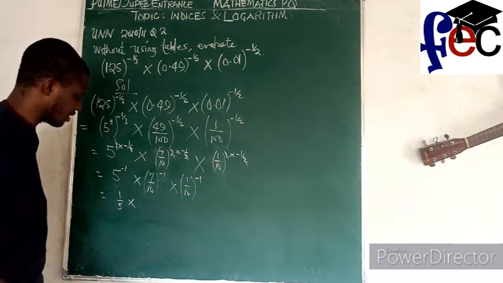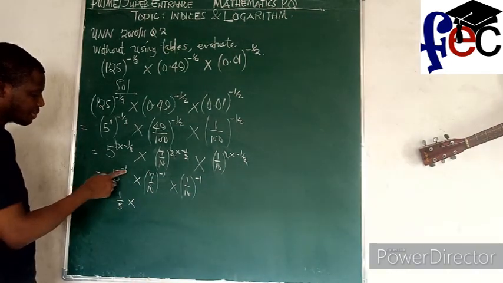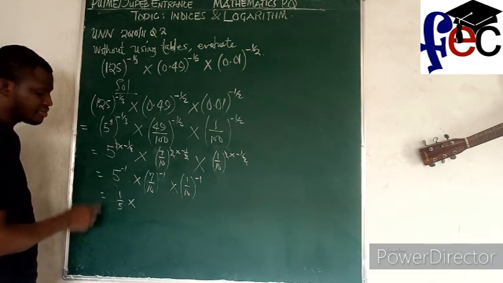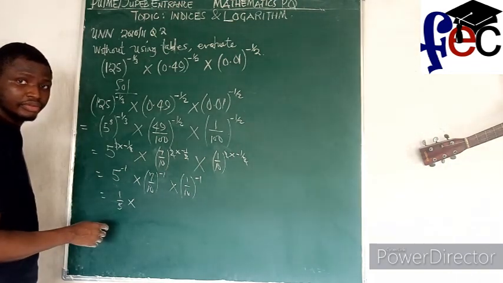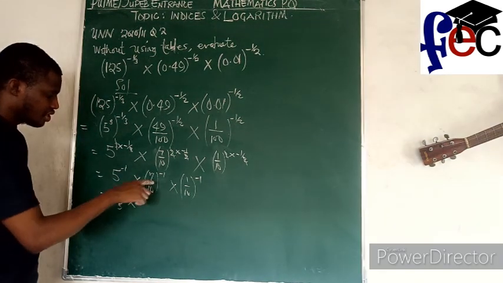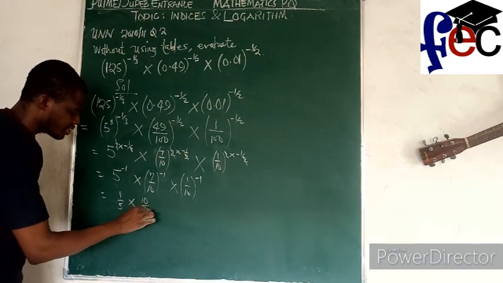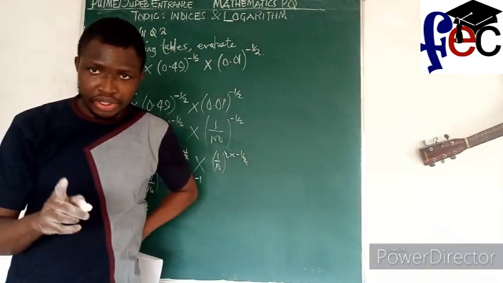to power minus 1. So from the law of indices, I can say that 5 raised to power minus 1 is the same thing as 1 over 5. And this one, from the law of indices, is the same thing as 10 over 7. I hope you got that.